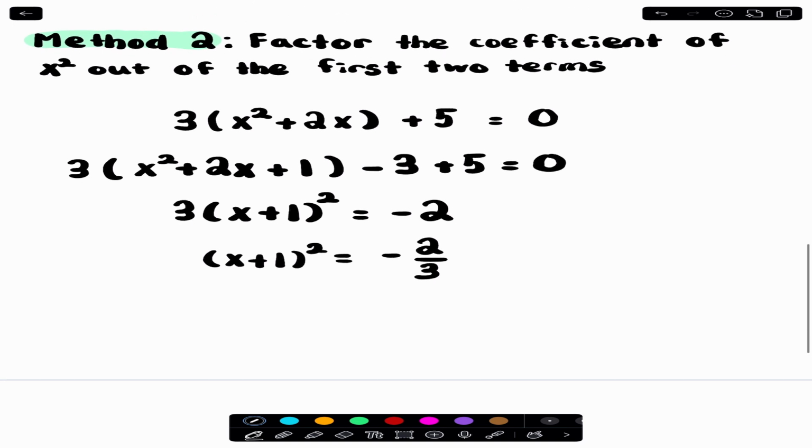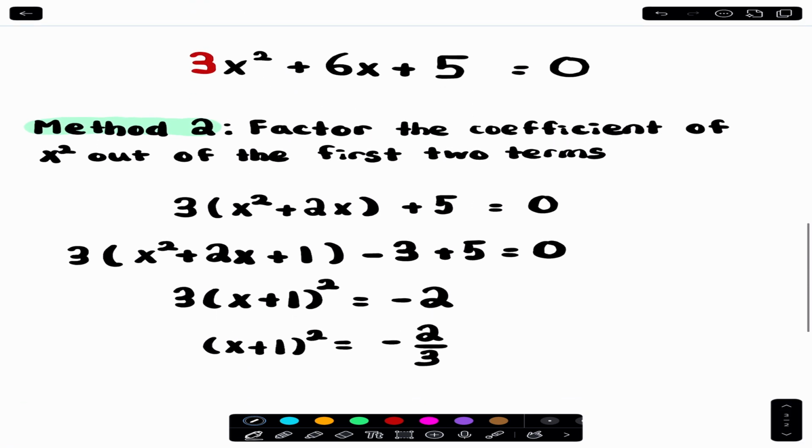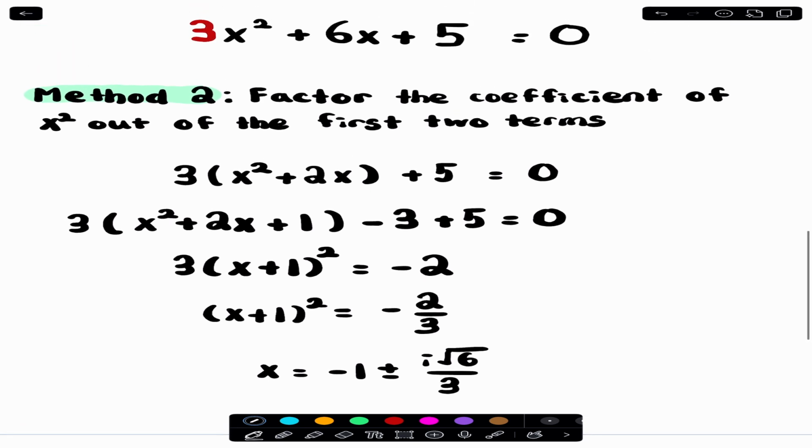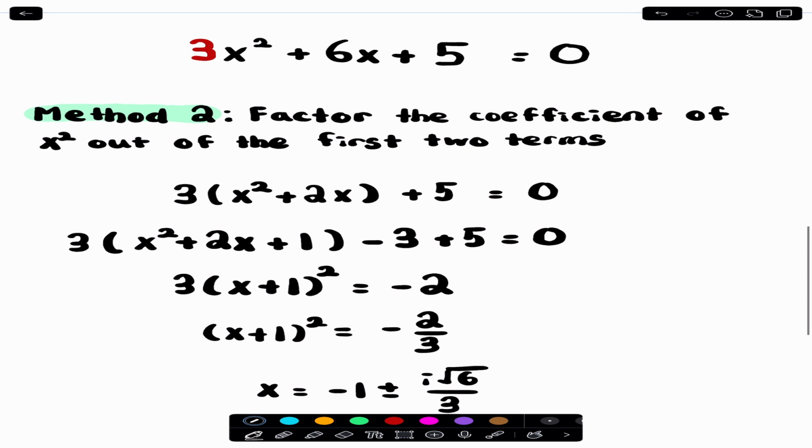So in the end, you should actually get the same answer of minus 1 plus or minus i root 6 over 3. So I'll leave you to finish that on your own. This was just to show you 2 methods that you can possibly choose from when your coefficient of x squared is equal to something other than 1.